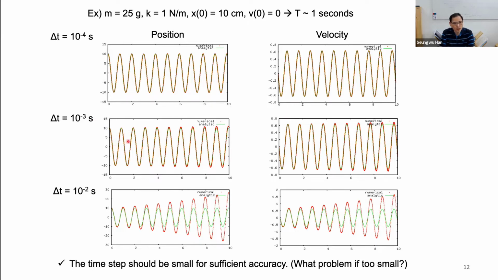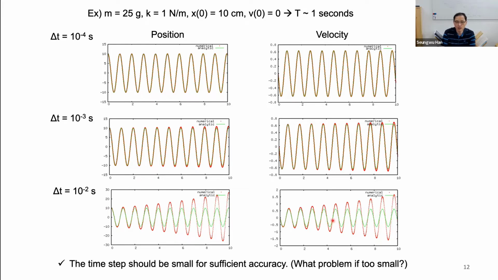Then initially it looks reasonable, then the error becomes larger. Then you increase further by 10-fold, 10 to the minus 2 seconds. In this case, after 2 or 3 vibrations, the error is noticeably larger, and it becomes larger and larger.